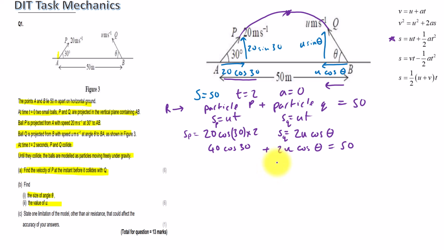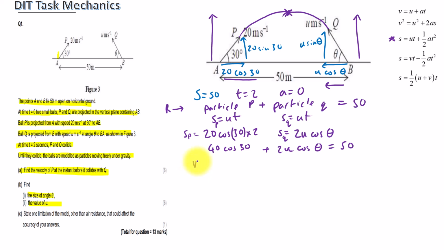Now you're going to get a method mark for saying, well, when they collide here, what are the vertical distances of both? They're the same, aren't they?